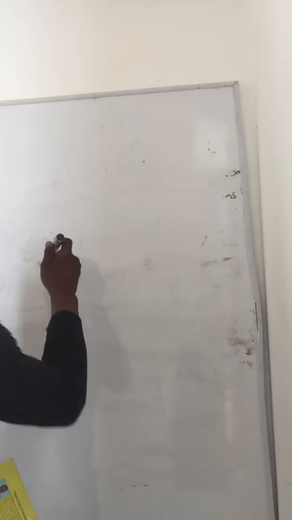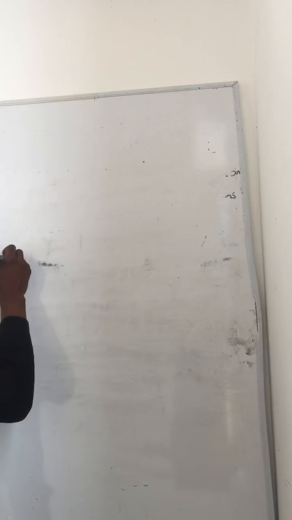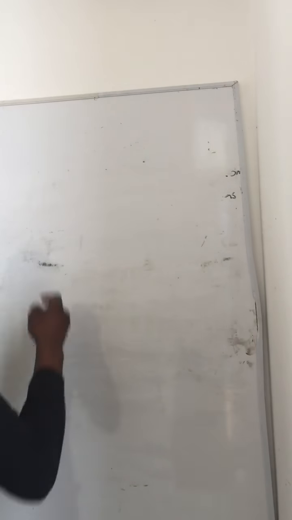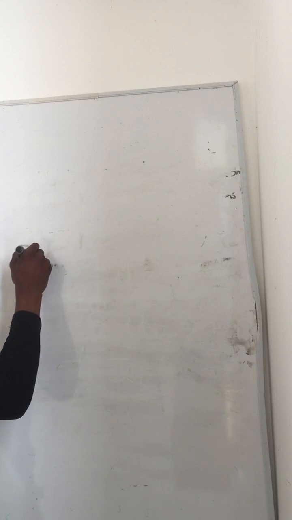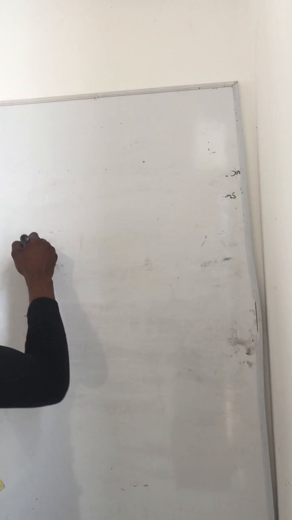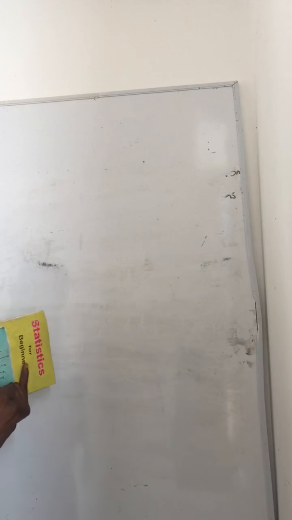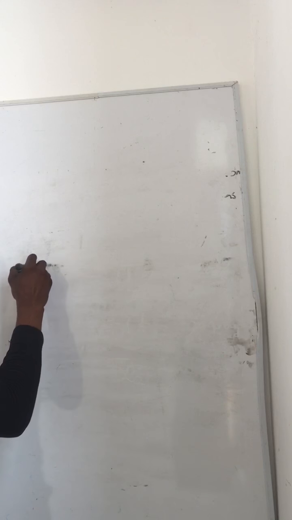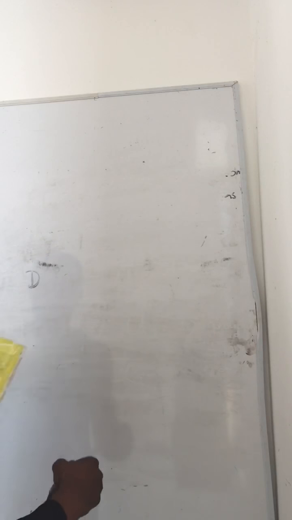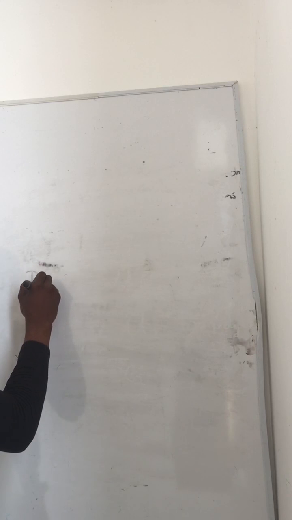Now a sample of 10 lambs was taken from each of the groups, and the data here was obtained. This is the dewormed lamb. We'll use D to represent our dewormed, and D naught to represent our undewormed.